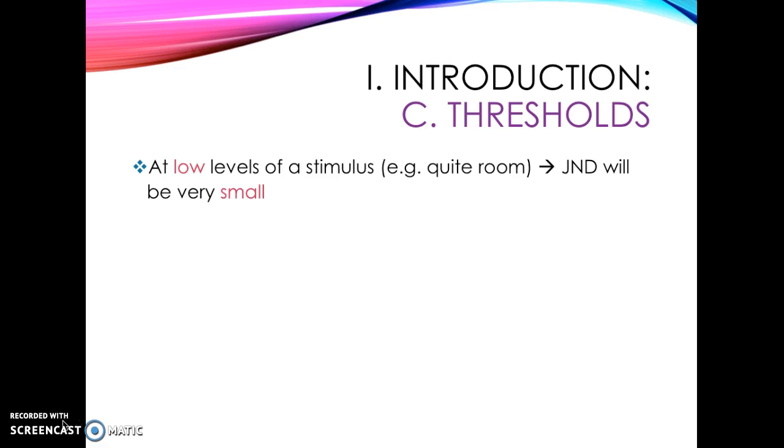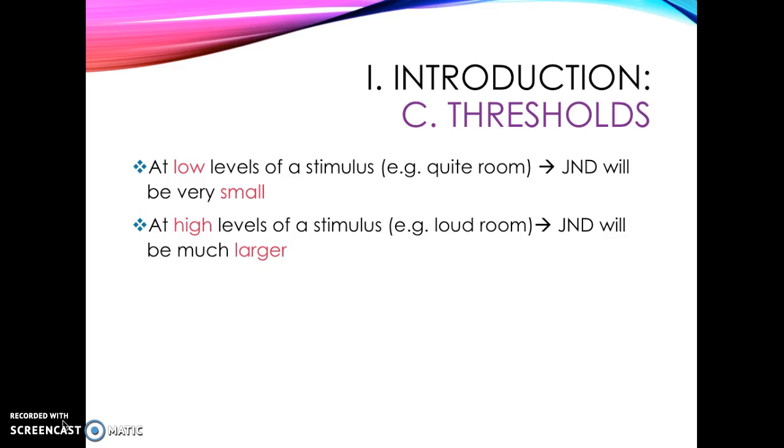Now, what's interesting is there is an equation that can be used to detect a just noticeable difference because it's based on a ratio. So at high levels of a stimulus, you're going to need a much larger difference to recognize that there's a change than at a low level of a stimulus, in which case you'll only need a small change to recognize the difference.